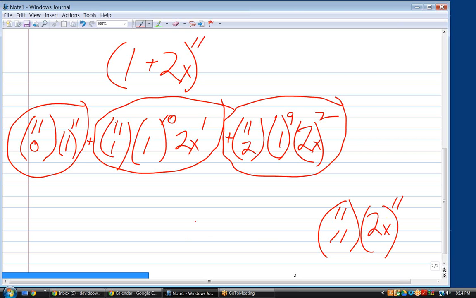Yeah. Okay? Now the second to last term. 11 choose 10. We have an a term here, so it would be times 1 just to the first. Exactly. Times 2x to the 10th.